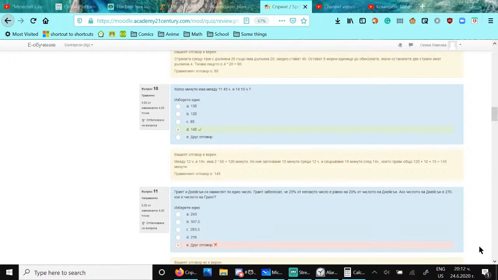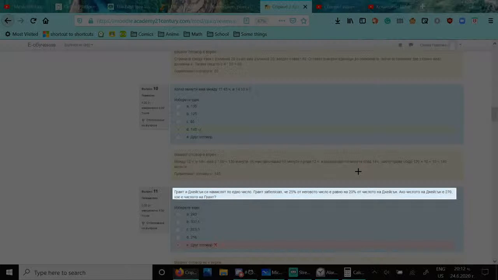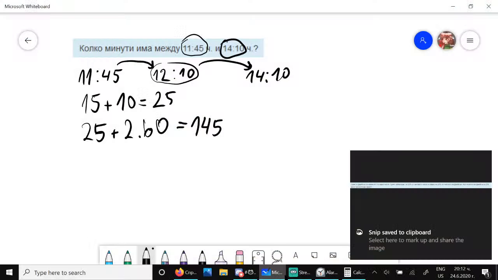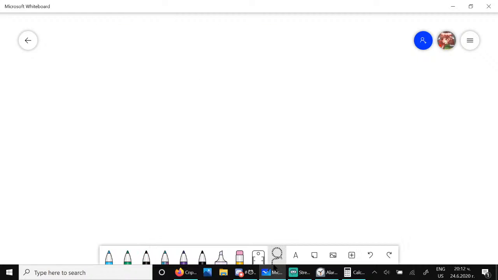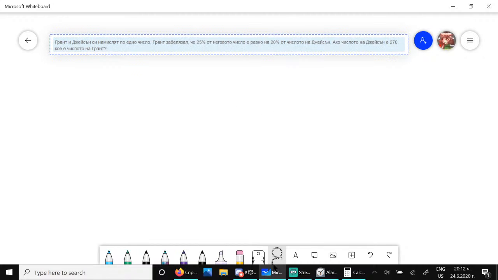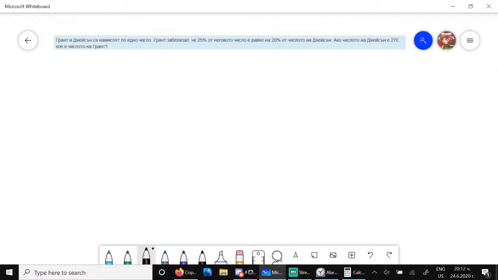The next one. Grant and Jason are thinking of a number. Let's say Grant's number is equal to x and Jason's number is equal to y.